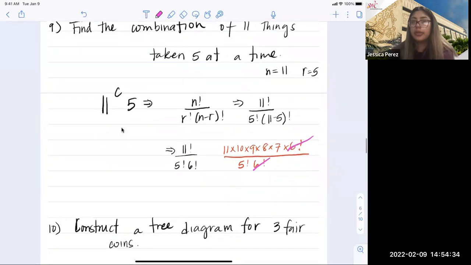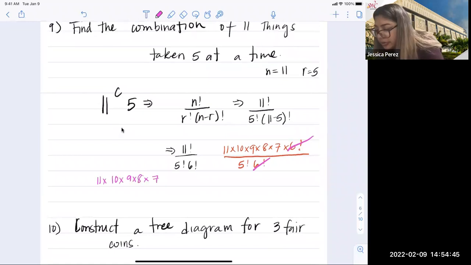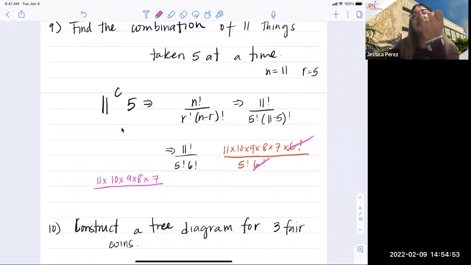You should be familiar with this already. This gives you 11 times 10 times 9 times 8 times 7, all over 5 factorial. 5 factorial is 5 times 4 times 3 times 2 times 1, that's 120.